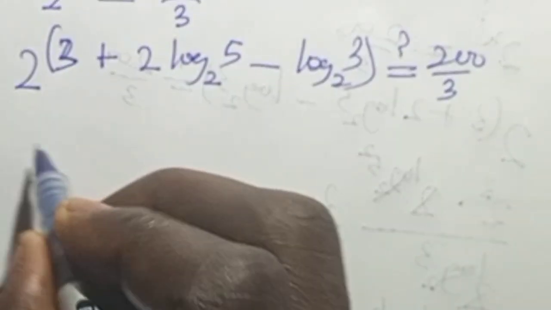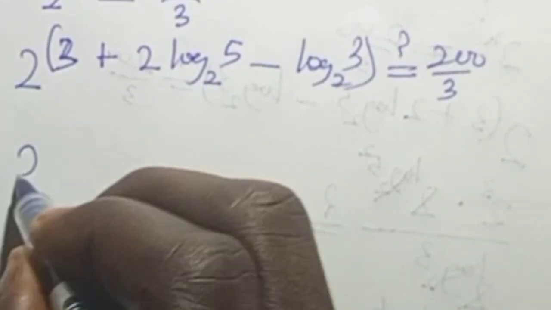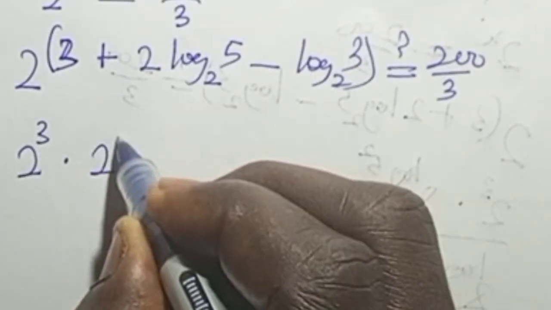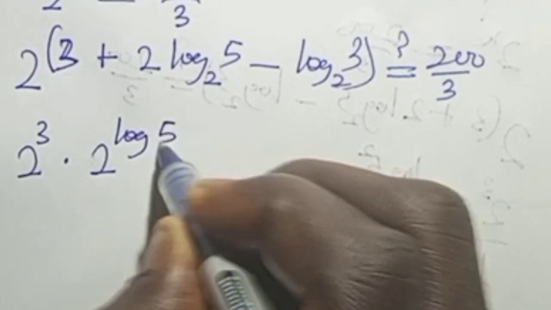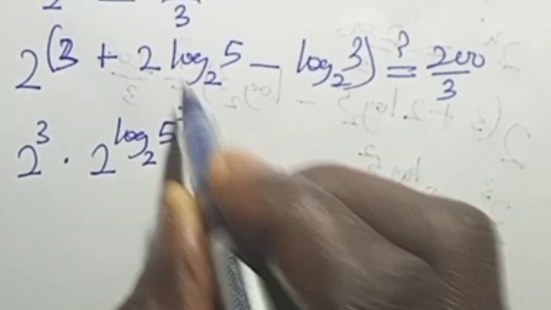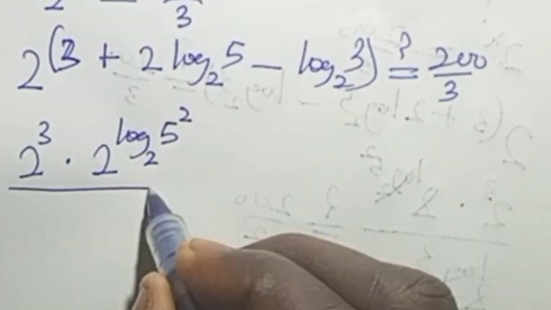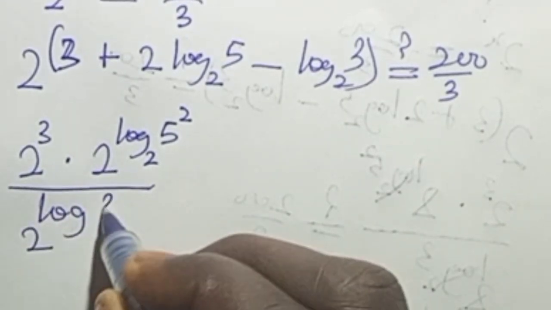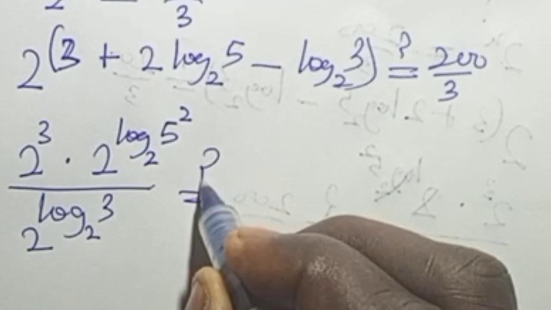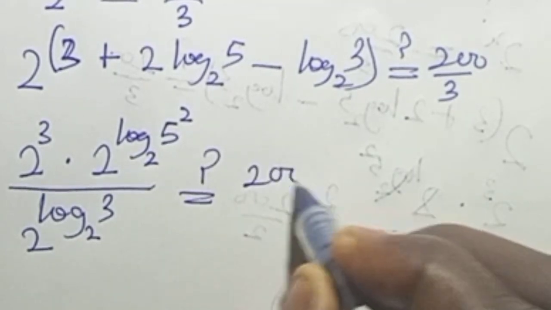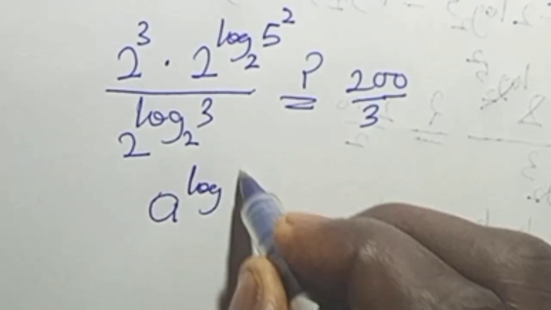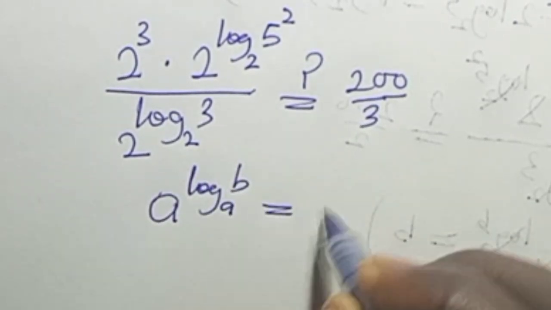So here, this will be 2^3 times 2^(2 log 5 base 2), the power goes up, divided by 2^(log 3 base 2). Is it equal to 200 over 3? Recall that a^(log b base a) is equal to b.